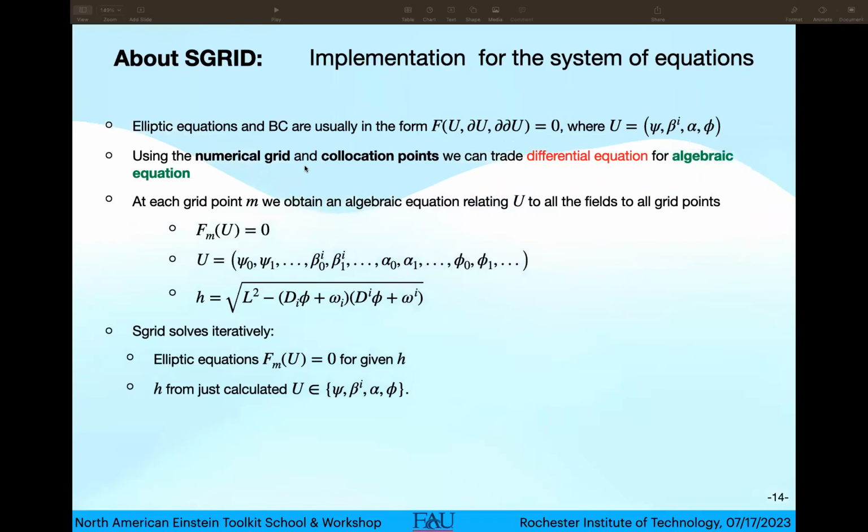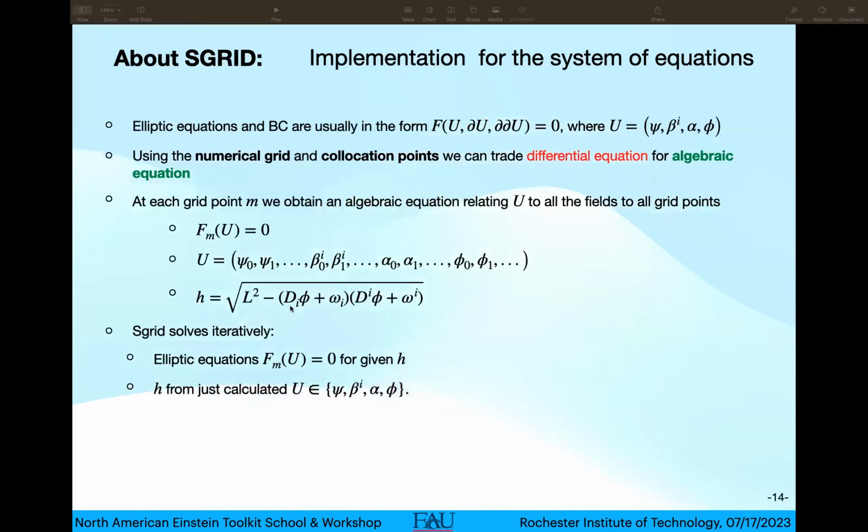So the thing to do is basically to define the u at all fields and all grid points. Using this, we can write a vector u composed of all of these fields, and additionally we have our original algebraic equation for the enthalpy.